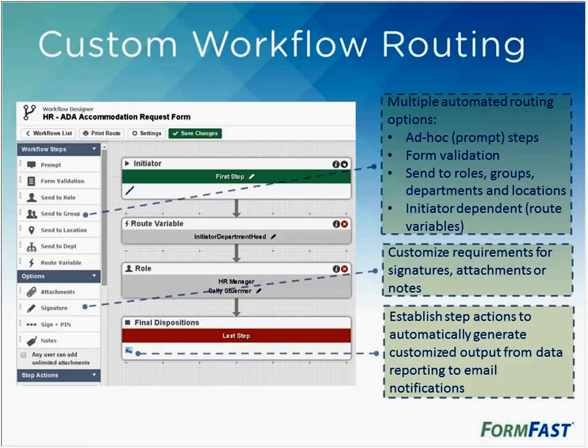In this example, we're sending a request from an initiator to her manager, and that can be configured to automatically route it to a specific person, a group, a department, or even automatically determine the recipient based on some content in the form.